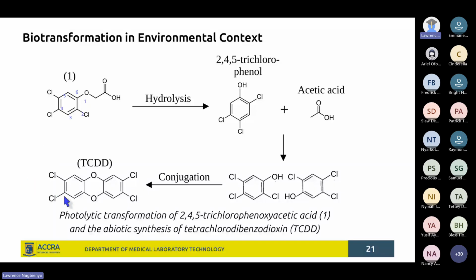And then this TCDD can even affect the fetus, pregnant women when they breathe in these things, affects the immune system, the nervous system. So it's a very persistent toxic substance. And so now this herbicide is banned, is no longer being used anywhere in the world.